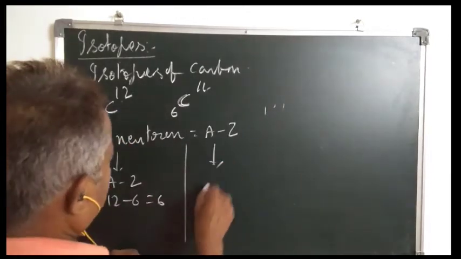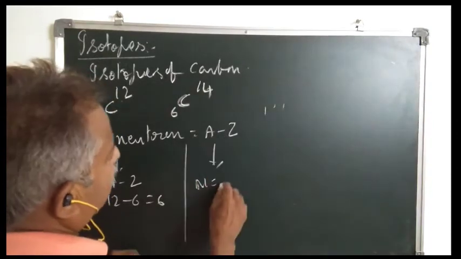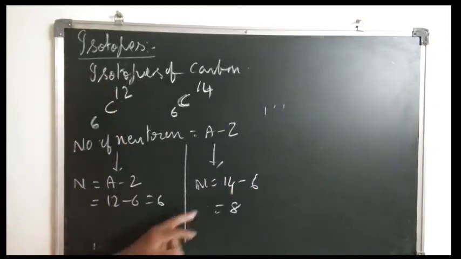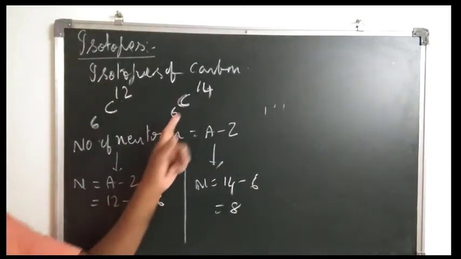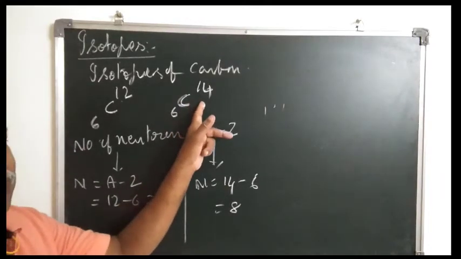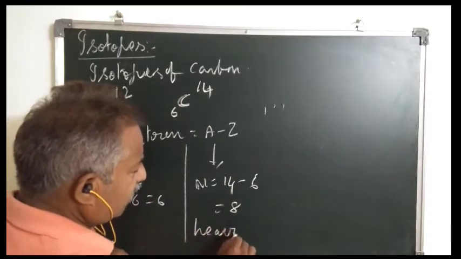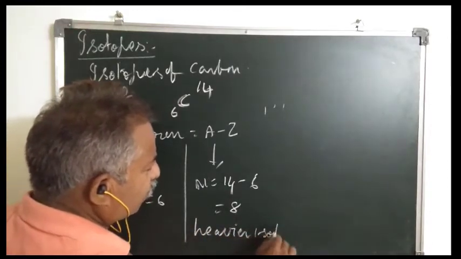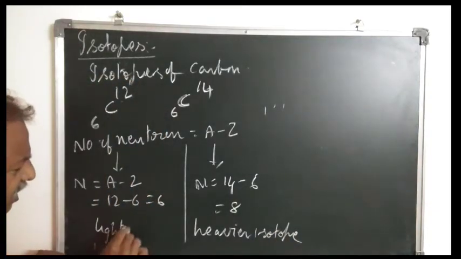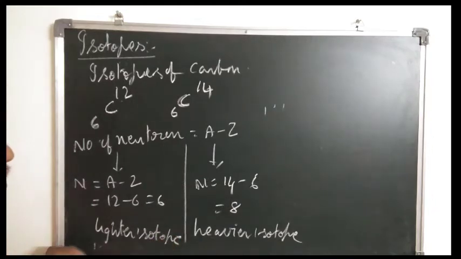Coming to here, number of neutrons equal to mass number 14 minus 6 equal to 8. So this has 8 neutrons. And the mass number of this isotope is a little bit higher than this. Therefore, this is referred to as the heavier isotope. And this is referred to as the lighter isotope.